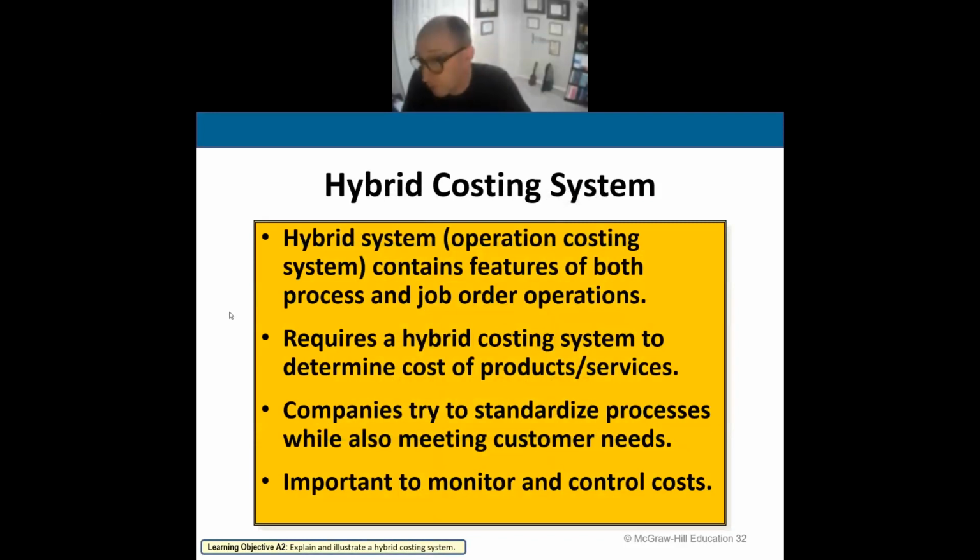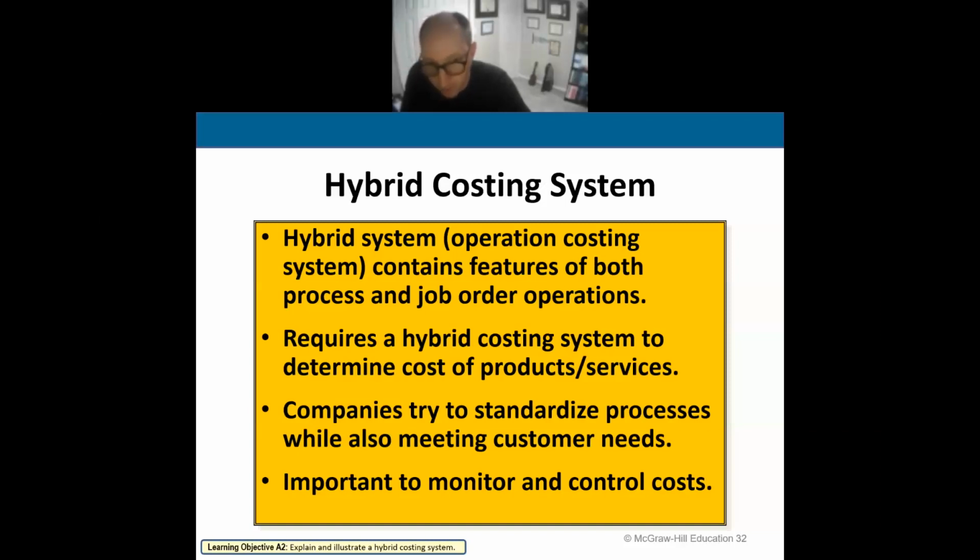Now, some companies might use both job order costing and process costing. We call this hybrid. Hybrid involves both job and process order costing. Very rare circumstances. Usually big conglomerate companies. I can't think of one that would do it. Maybe, let's say General Motors, okay?